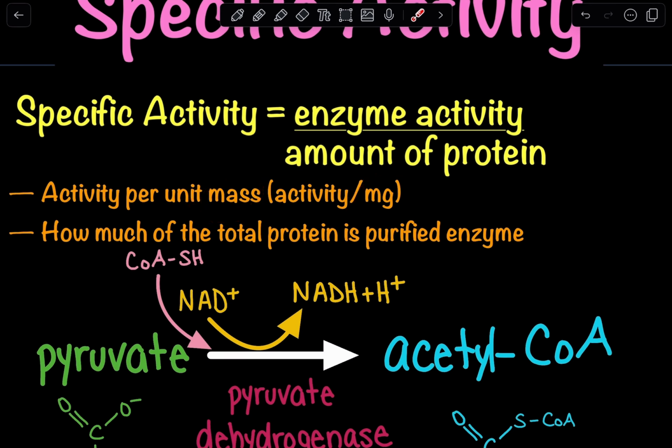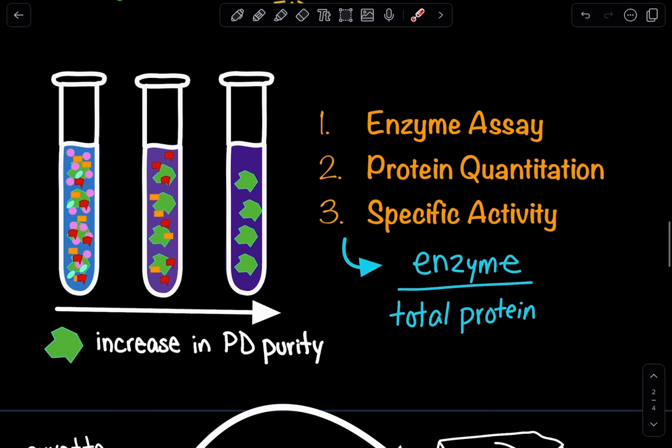Specific activity tells us how much of the total protein is in fact the purified enzyme itself. As we move towards increased purity, specific activity will also increase. So in a sample that is completely pure for pyruvate dehydrogenase, that is the maximum specific activity value that we will obtain.